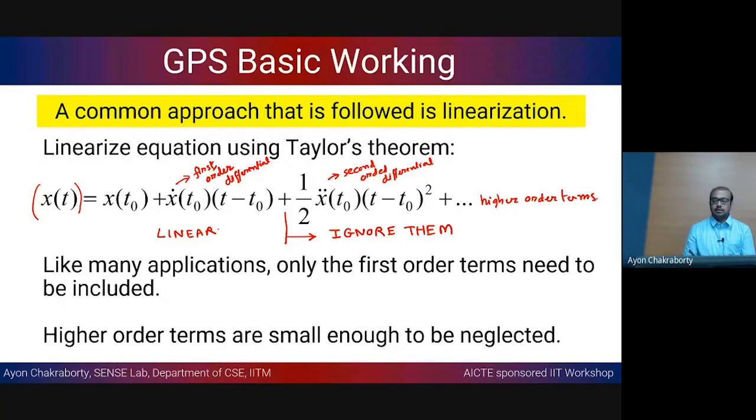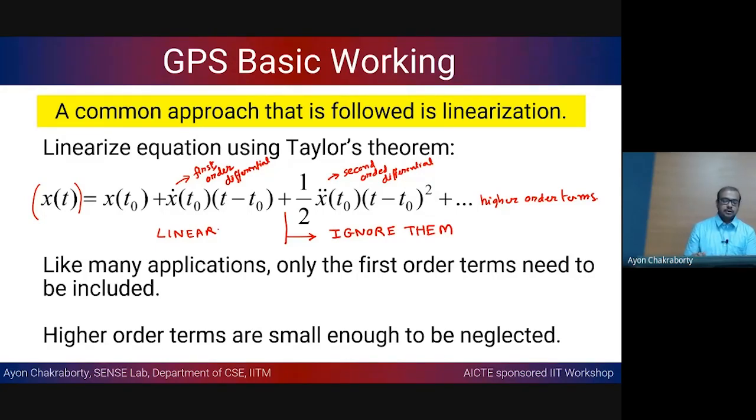You can just simply put the values and see that the higher order terms are actually small enough to be neglected. I want you to think about why, and how small they become with respect to the rest of the linear portion of the terms. In that way you can appreciate why these terms could be ignored very safely, because the kind of accuracy that we are looking for could be achieved just using the linear terms.